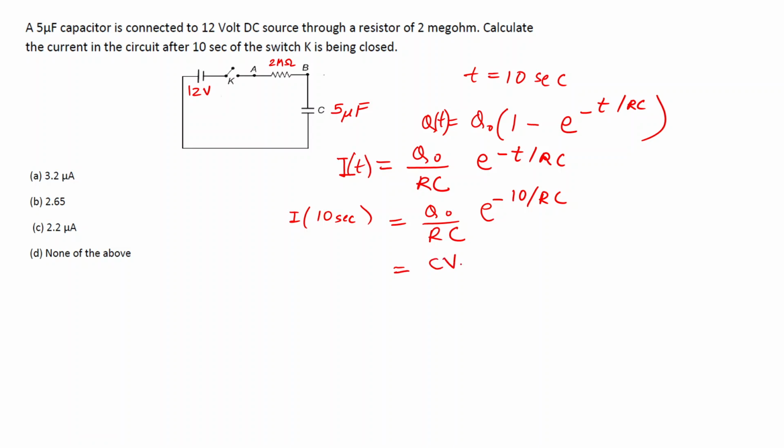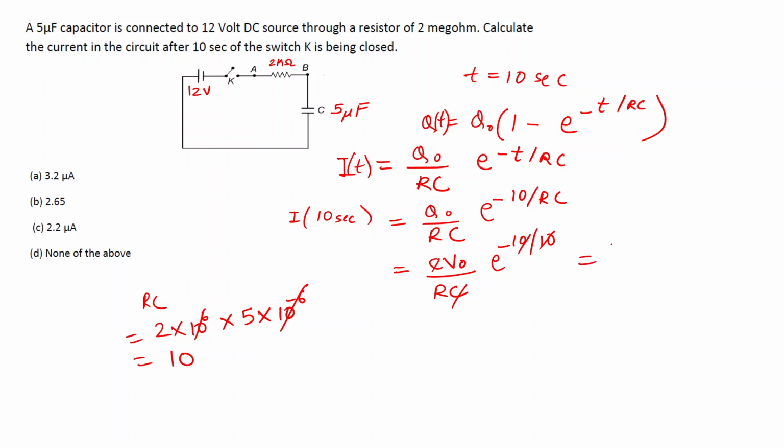Q naught will be C V naught, and this is over RC, so C will cancel. What will be RC? Resistance is 2 mega ohm, capacitance is 5 microfarad, so RC is 10, and t over RC gives 1. So this will be V naught over R times e to the power minus 1.